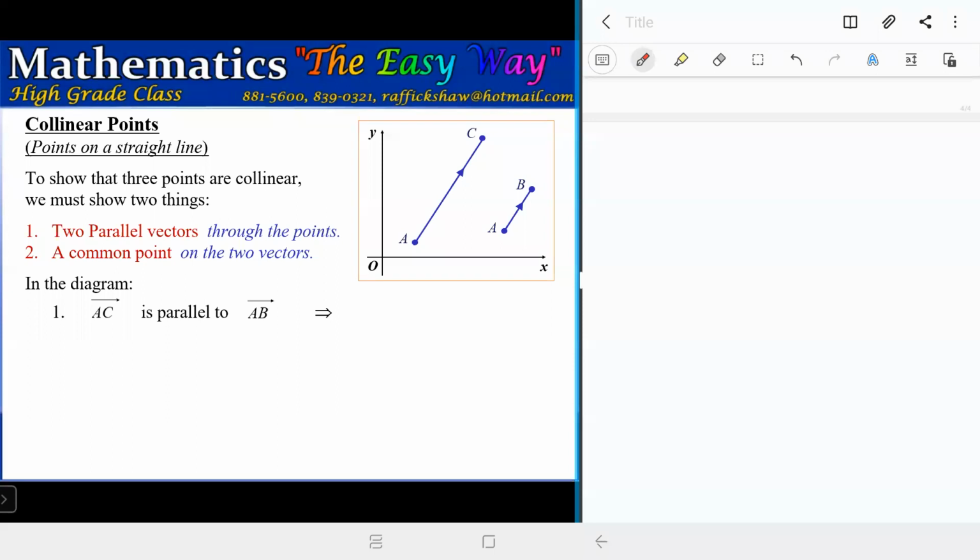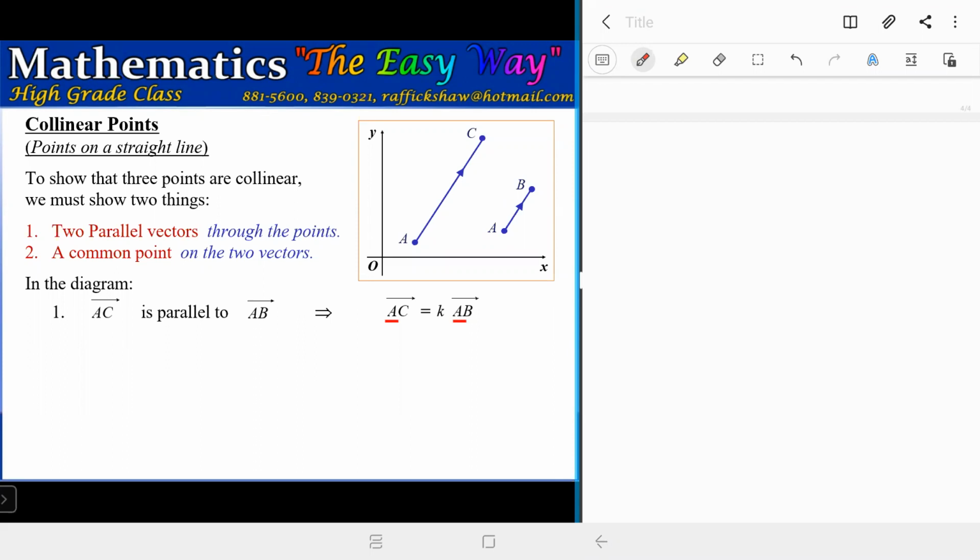But if you look at the point A, you can't have two different point A on the same diagram. So that point A really is the same point, right? Since they are parallel, you know that AC equals a constant times AB. But A is a common point, right? So underline the A to show that it's a common point.